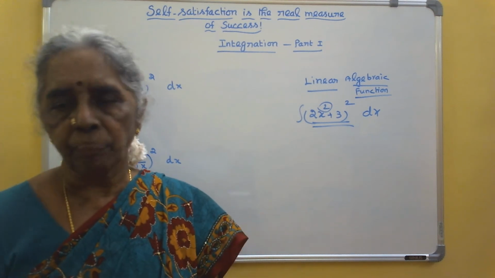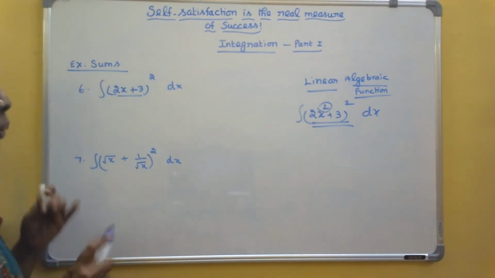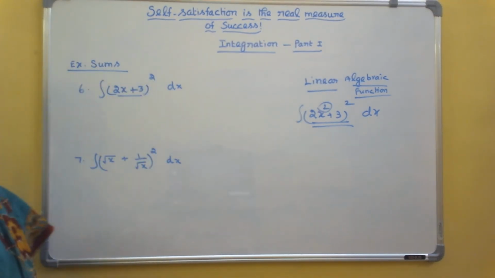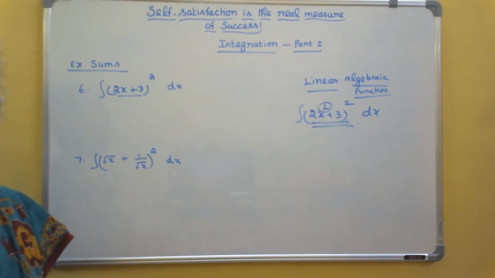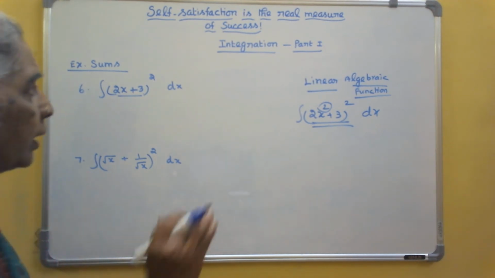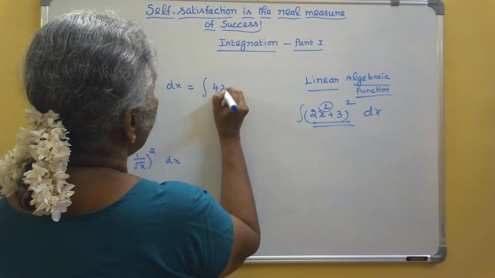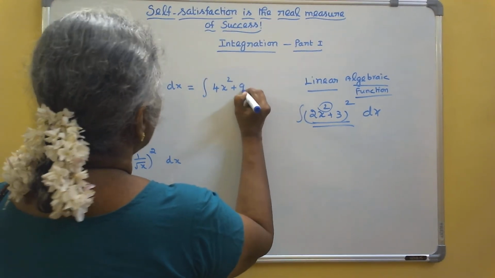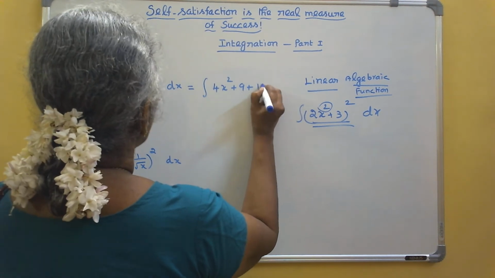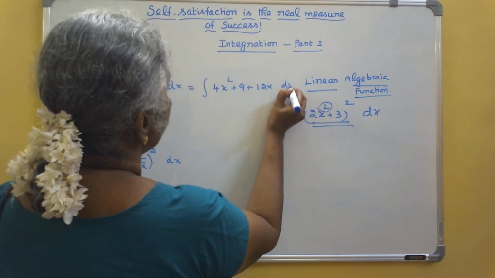Now, because you have a whole square, you know the formula for (a plus b) the whole square, isn't it? So now I am going to apply that formula. I will be getting 4x squared plus 9 plus 12x dx, correct?